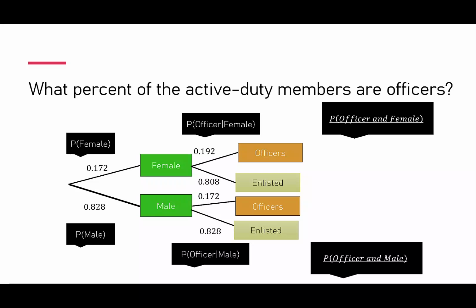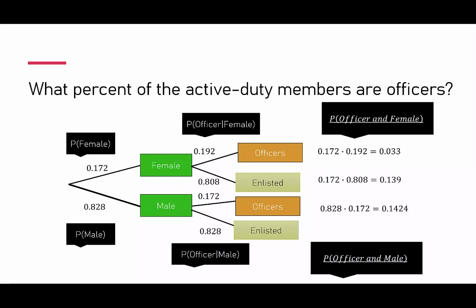which will give us the probability of officer and male. So going across our first set of branches, we have 0.172 times 0.192, which is 0.033. We could also find the probability of enlisted and female by multiplying 0.172 by 0.808, which is 0.139. Then the probability of officer and male will be 0.828 times 0.172, which is 0.1424.